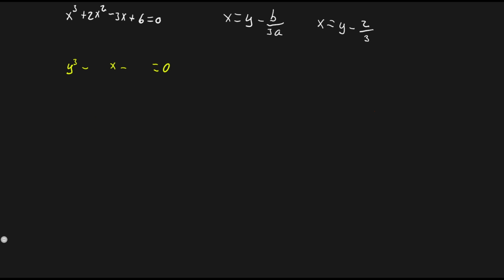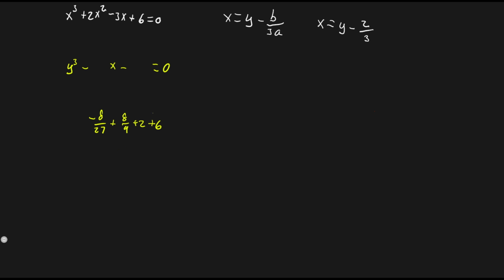So we want to go ahead and calculate negative 2 over 3, which is negative 8 over 27, plus 2 times 4 over 9, which is 8 over 9, minus 2, or plus 2, plus 6.